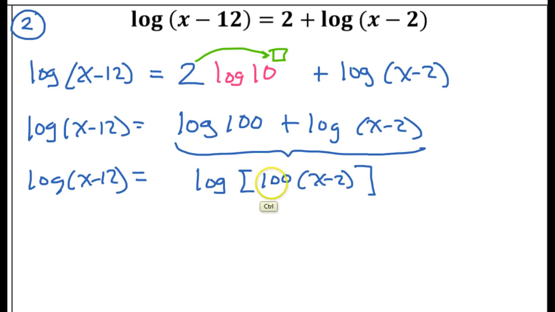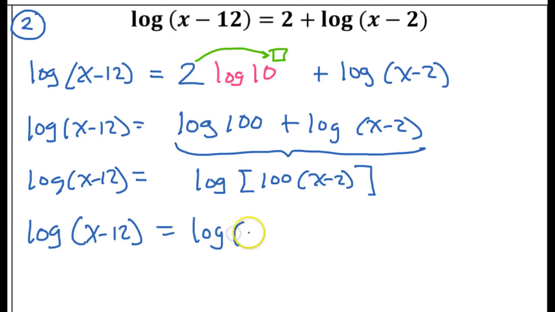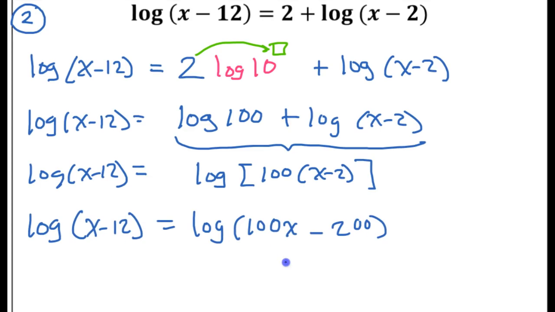We'll just wind up doing the distributive property over here, but first let me recopy this. So I've got log of x minus 12 is equal to log of, and this will be 100x minus 200.